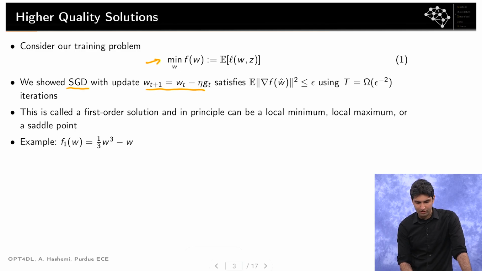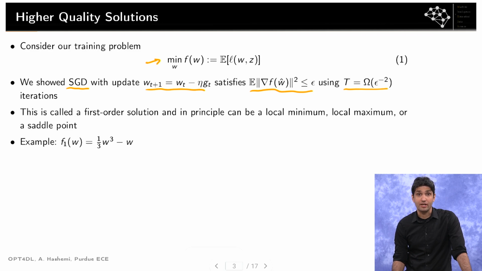We show that it satisfies this bound. In particular, the expected gradient norm is less than epsilon if you run the method with this many iterations.